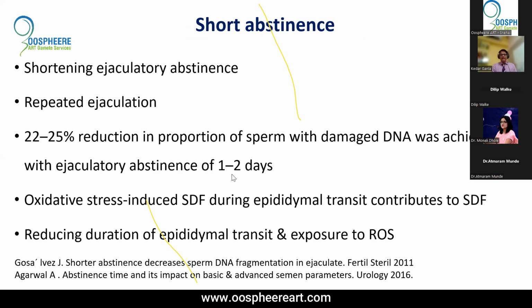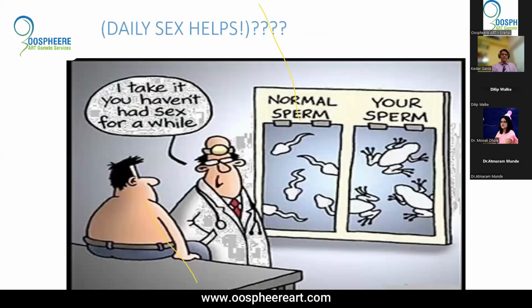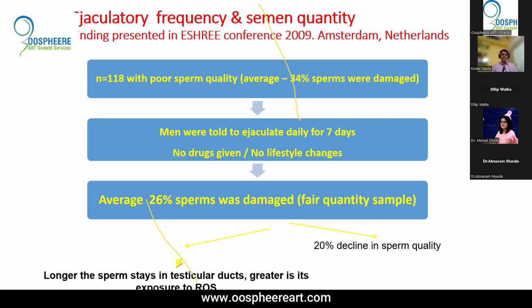Again, with male factor infertility, what I do is, a day prior to your ICSI, IVF procedure or oocyte retrieval, I tell the male to ejaculate, and next day I collect the sample with 1 day abstinence. That way I am reducing the sperm DNA damage by reducing the time sperm spend during the epididymal transit. This is an abnormal sperm.